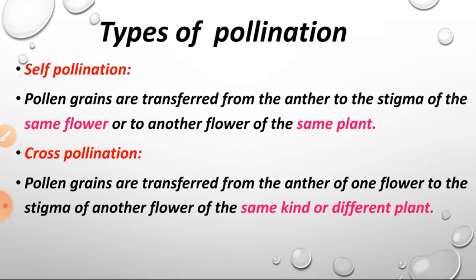For example, the hibiscus has both the male part and the female part of the flower, so it is a bisexual flower.